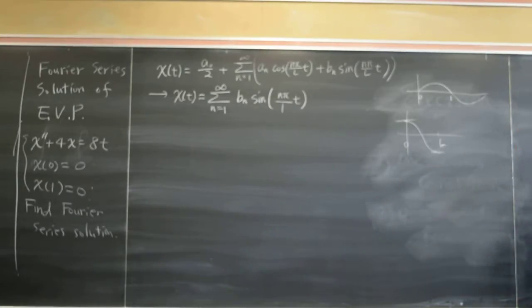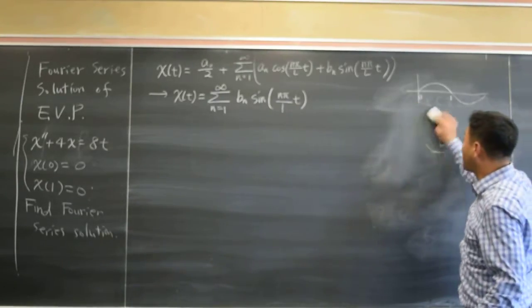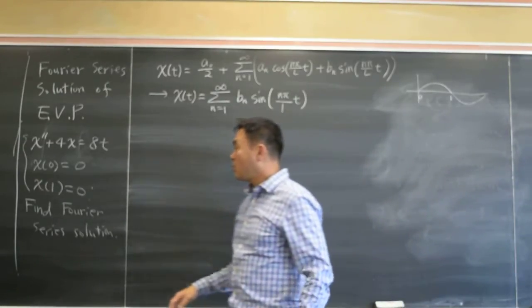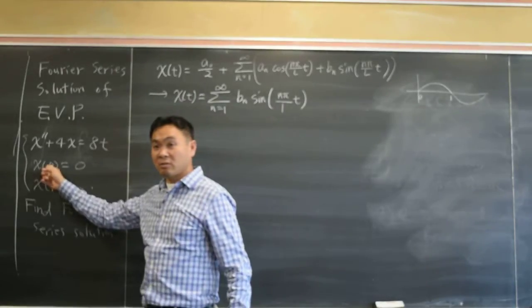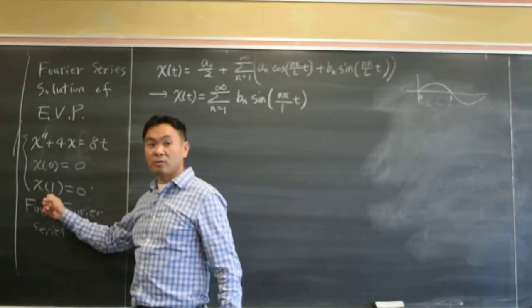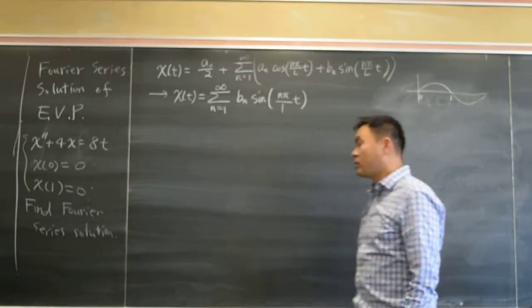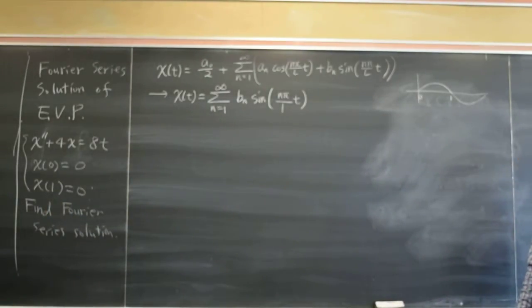So depending on the endpoint condition, you're going to pick either the cosine series or sine series. I'll always have 0 as the left end, and if you see another condition on the right, that'll be your right endpoint. Okay, so that's what we have.